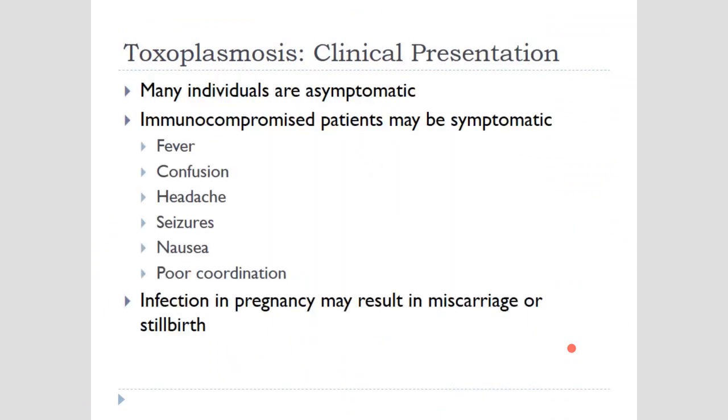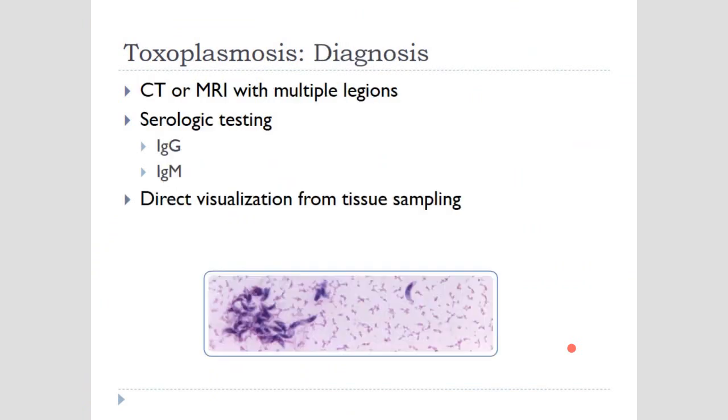Now, the problem for clinical: it is asymptomatic. If you're immunocompromised, you may be symptomatic and you can have all those constitutional symptoms, like, hey, I'm sick. If you are pregnant and you're infected with this Toxoplasma, either you have a miscarriage or stillbirth. That again is a big problem that we normally see. How do you diagnose?